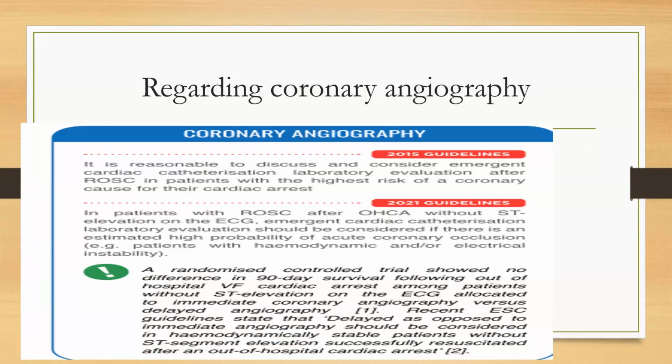And the 2021 guidelines recommended that in patients with ROSC after out-of-hospital cardiac arrest without ST elevation on ECG, emergent cardiac catheterization should be considered if there is an estimated high probability of coronary occlusion, that is, patients with hemodynamic and electrical instability.